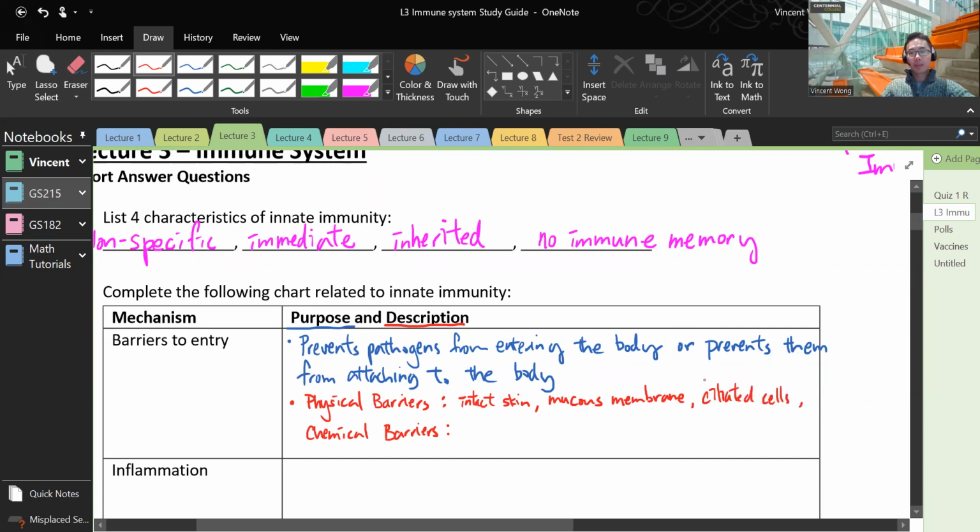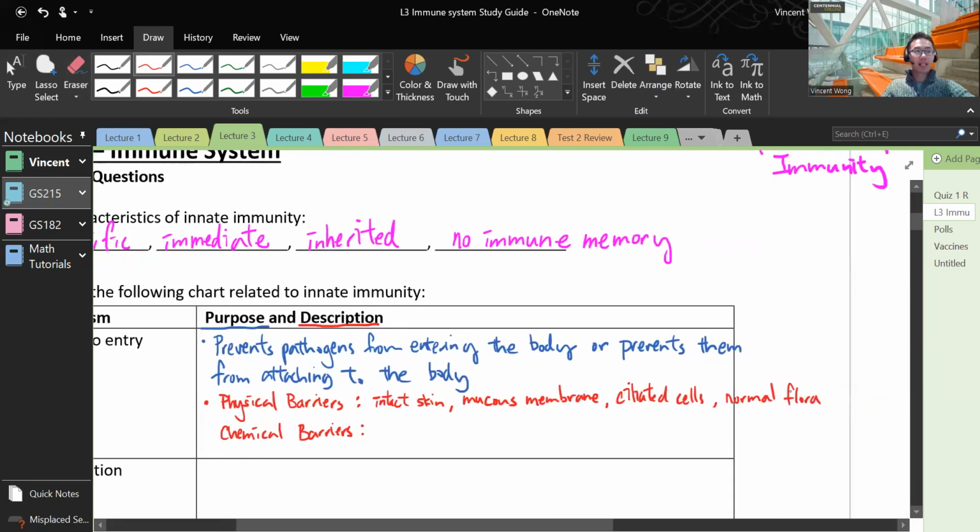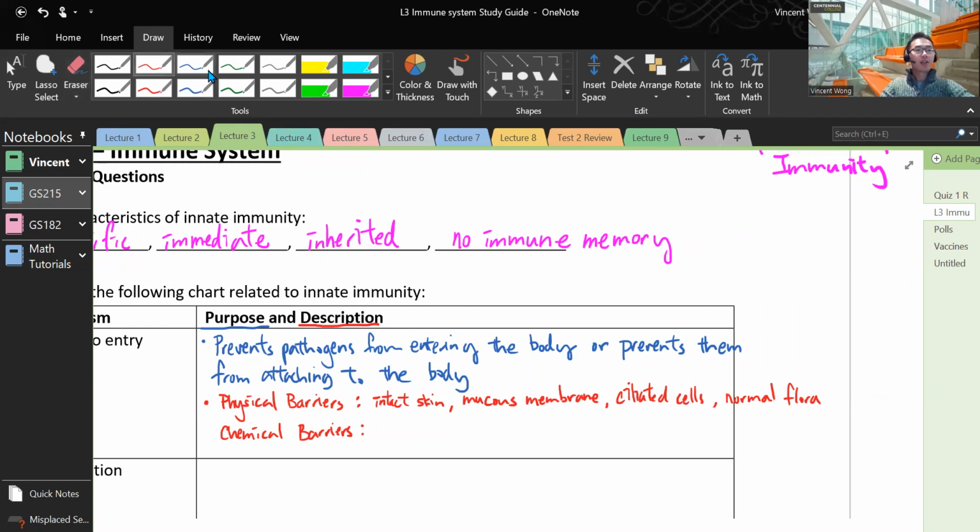And then there's one that people usually forget about, and that's the normal flora. Okay, normal flora are these good microorganisms that live on us and in us, and they take up so much space that there will be no additional space available for the bad ones to attach to. Okay, so those are your physical barriers.